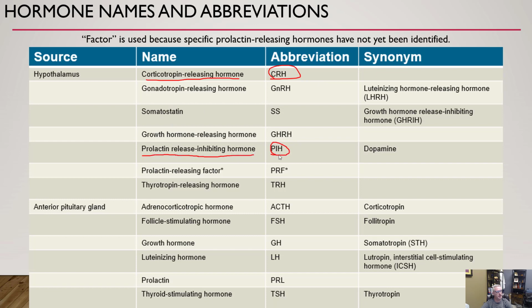Sometimes you'll hear it as PIH. Sometimes you'll hear it referred to as dopamine. I can tell you, I have never heard it as prolactin releasing inhibiting hormone. I've never heard it abbreviated as PIH. I've only known it as dopamine. But just know that there are different ways of saying different things.